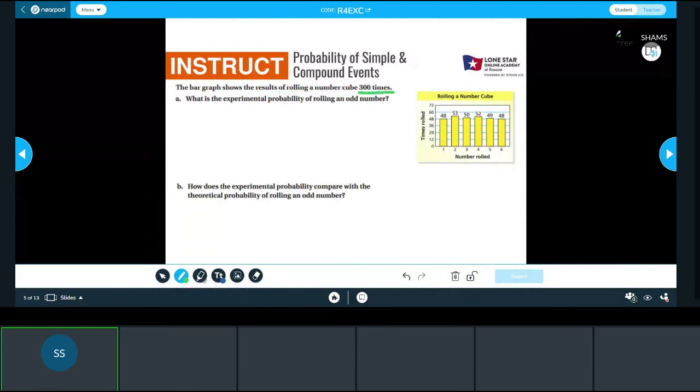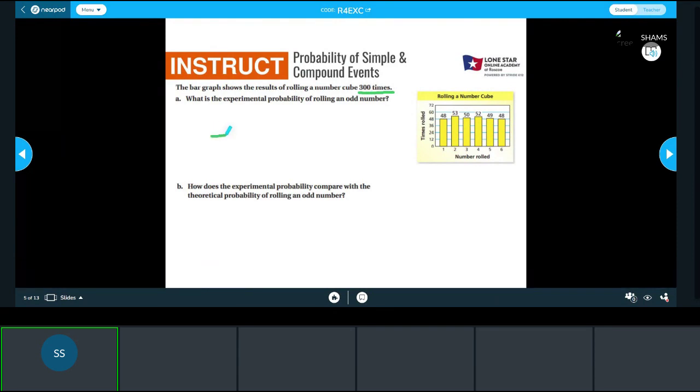It is called an experimental probability because it is the result of doing an experiment like rolling a number cube 300 times. We want to know the chance of rolling an odd number out of the 300 total rolls.